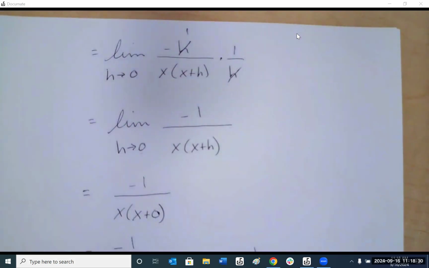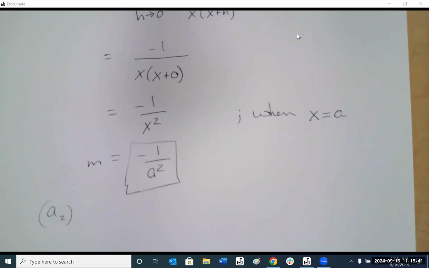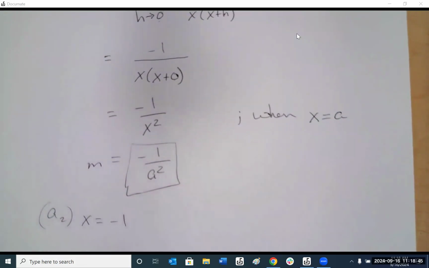Okay, now that's A. Part 2 says when x equals negative 1. What is the slope at x equals negative 1?